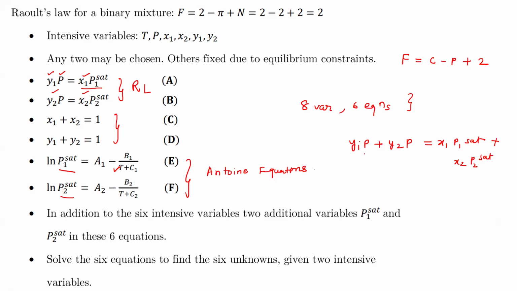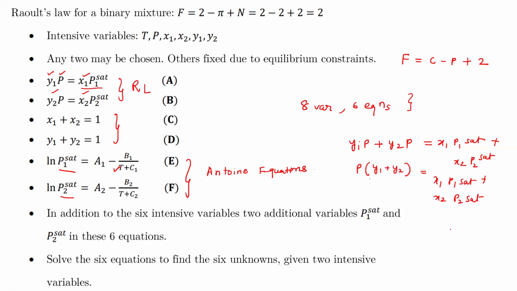Now, if I see here, P into Y1 plus Y2 equals X1 P1 sat plus X2 P2 sat. Now we have this equation D, so this equals 1.